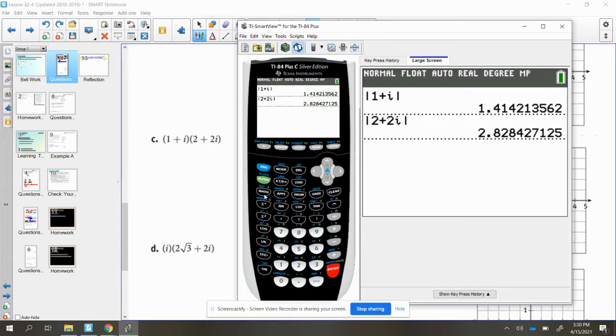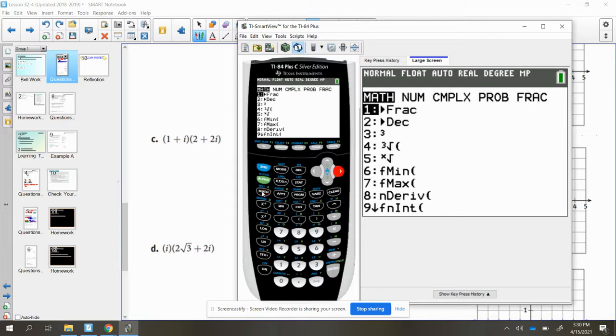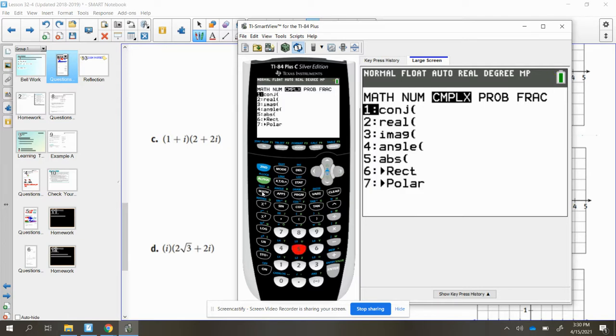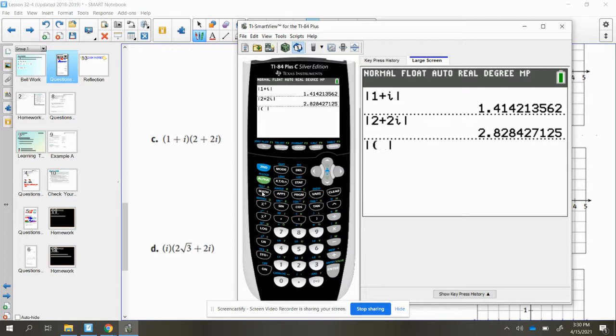And if we were to test out then the absolute value of those multiplied together, so parentheses 1 plus i times 2 plus 2i, you get these two values multiplied together, or approximately that, since we're dealing with decimals.